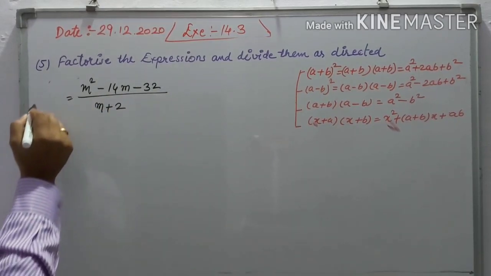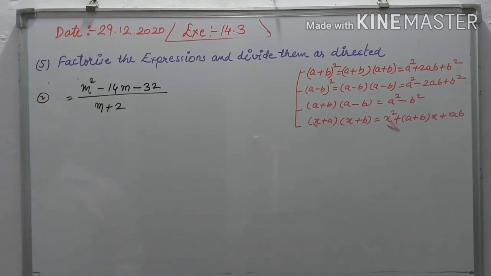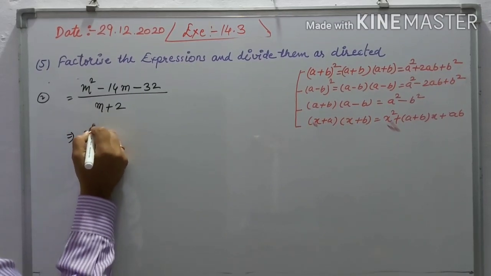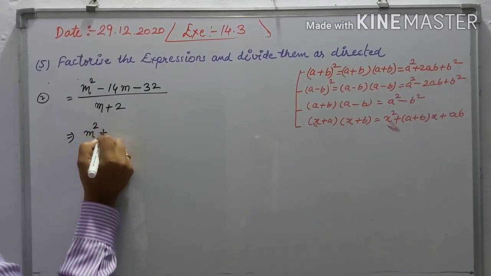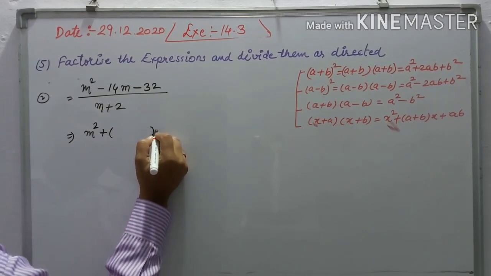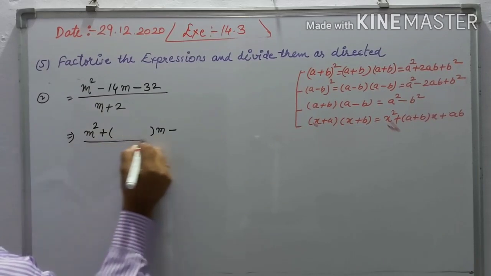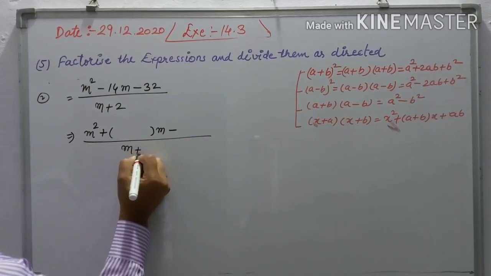Okay, this is the second question. Again 32 is not the square of any number, so use the third identity, that is the fourth identity. m square plus, you see two numbers, m and minus, and write m plus 2.